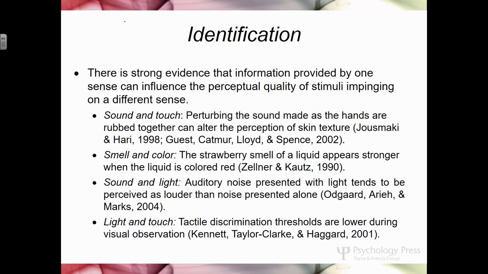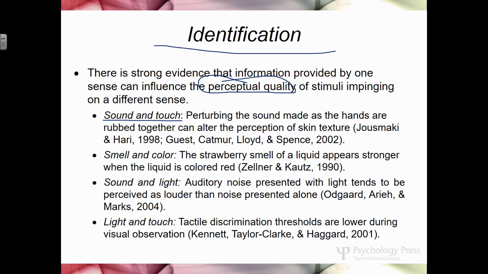What about identification? This is kind of interesting. Often identifying something, or its perceptual quality, can be influenced by a different sense. For example, sound and touch. How many of you have ever rubbed your hands together? If you haven't, you should give it a try. It's kind of easy to do.